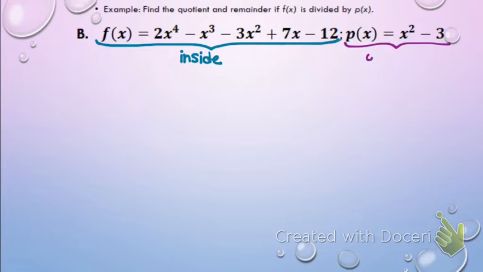This is my divisor. This is going to go outside. What degree is my divisor? 2. Second degree polynomial is going to go on the outside, which means my remainder has to be first degree or 0 degree. I have to have a remainder that is less than a second degree.